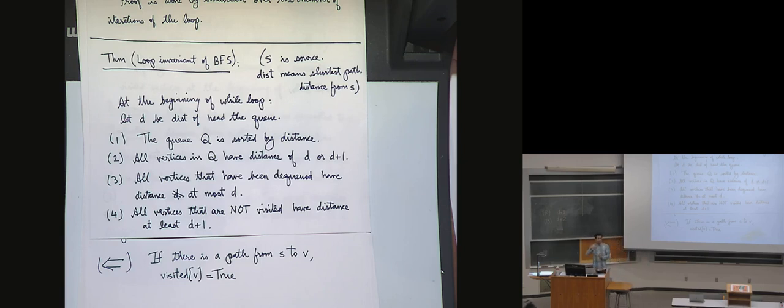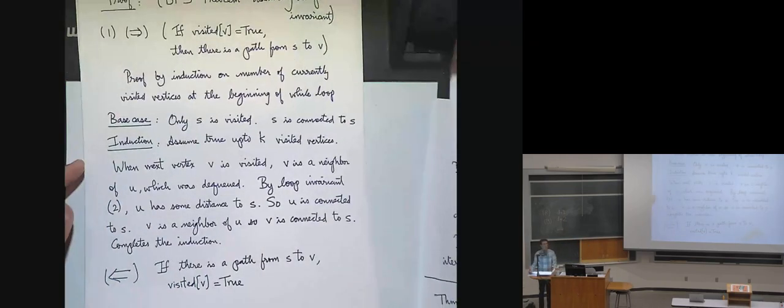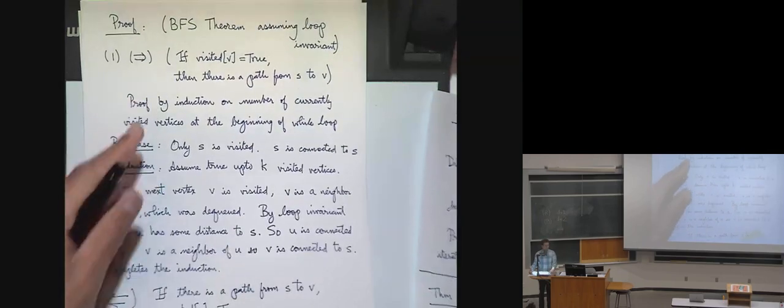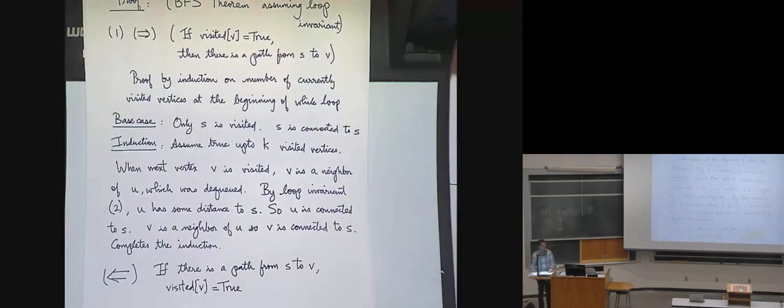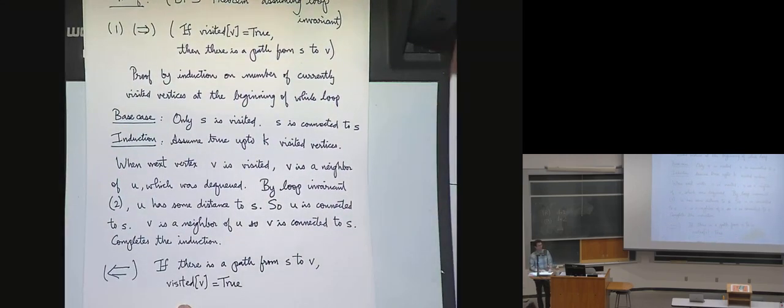What you just said was somewhat of a restatement of this: if visited is true, then there is a path. But to argue the converse of that statement, it's a little subtle.